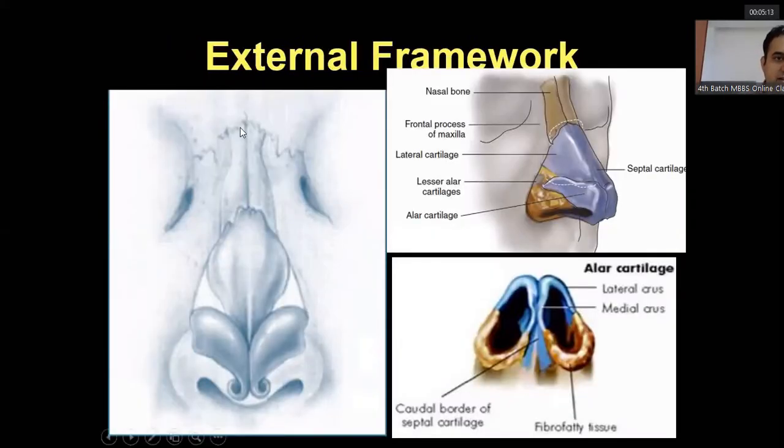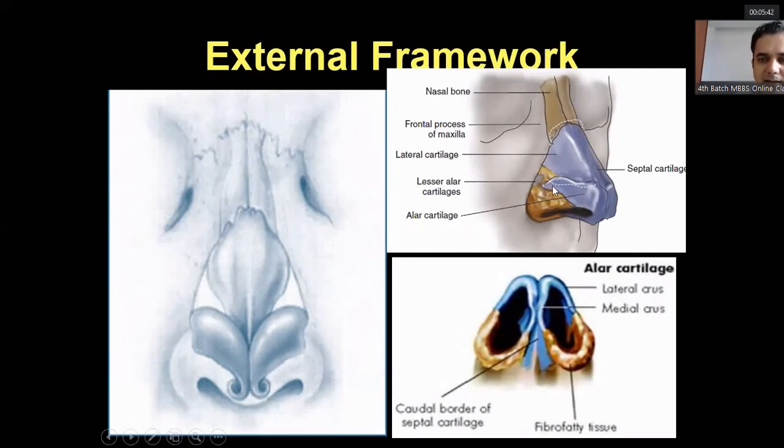This is the bony part, the upper one-third, and this is the cartilaginous part, the lower part. This is the nasal bone, and just below that is the upper lateral cartilage. This is the lower lateral cartilage, and here is the sesamoid cartilage, a very small cartilage, also known as the lesser alar cartilage.